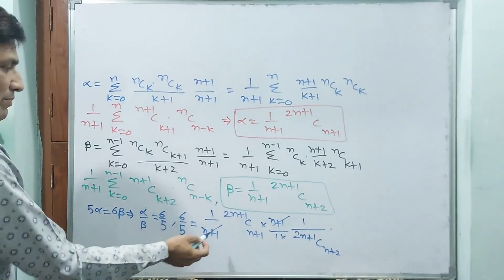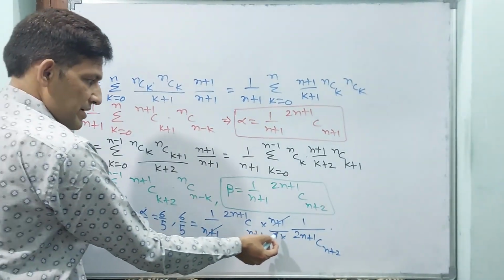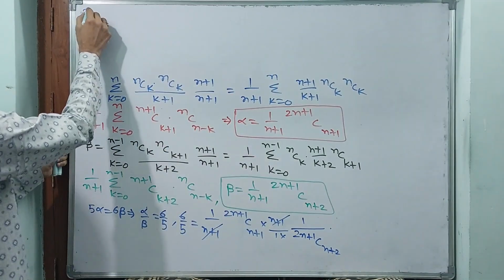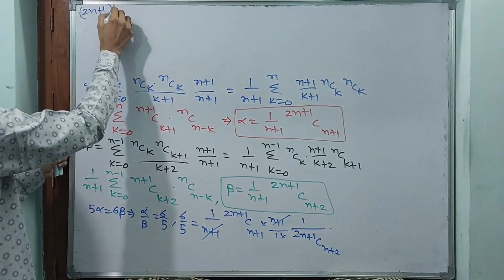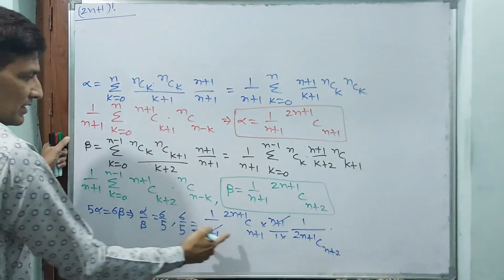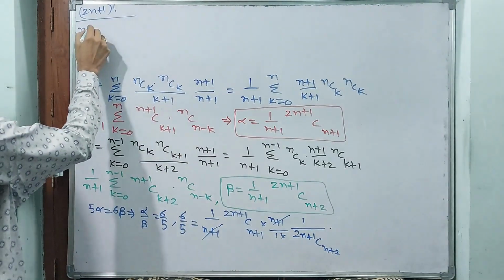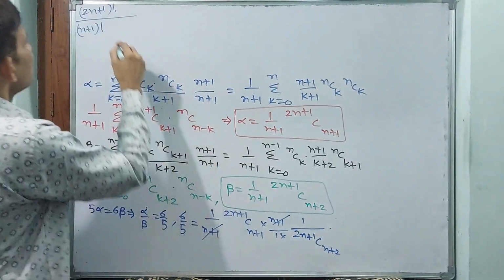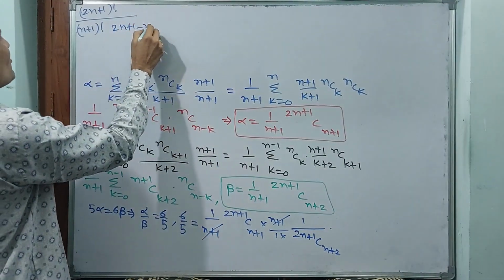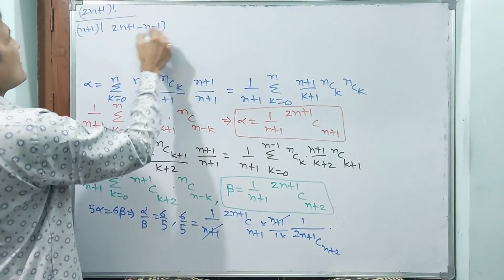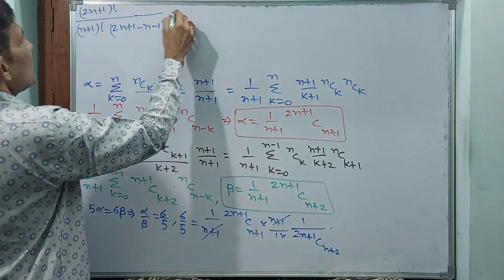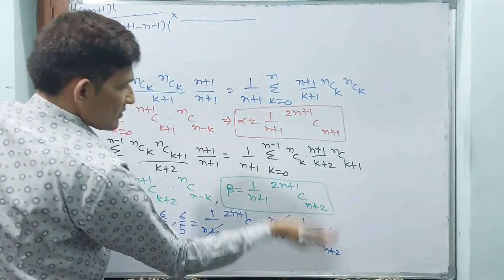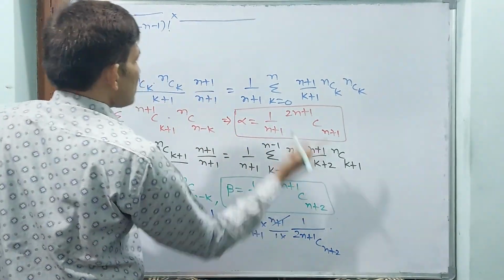Now see, (2n+1)C(n+1) divided by (2n+1)C(n+2). See, (2n+1) factorial by (n+1) factorial, (2n+1 minus n minus 1) factorial, and divide it by this: the (2n+1) denominator will come, this will go to the numerator.